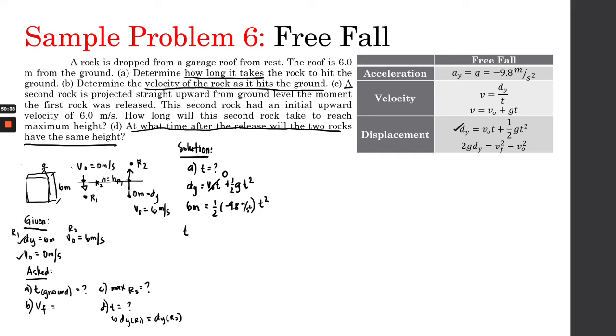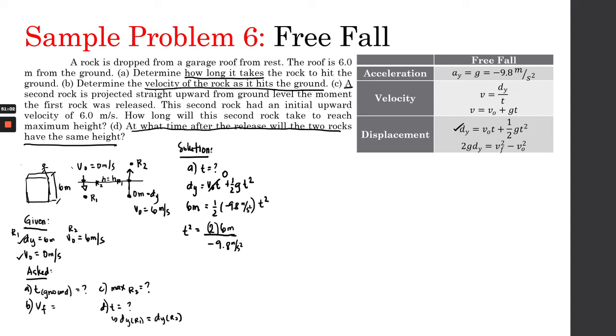So rearranging the equation, t squared is equal to 2, that's from the 1/2, multiplied by 6 meters divided by negative 9.8 meters per second squared.